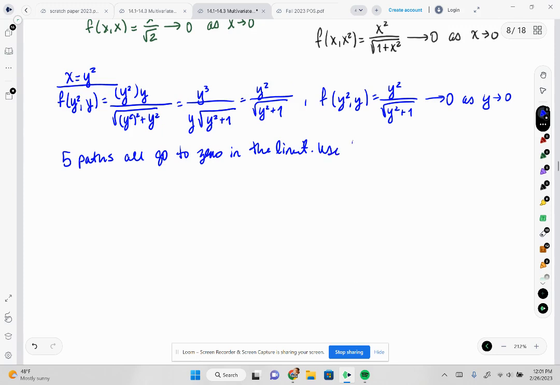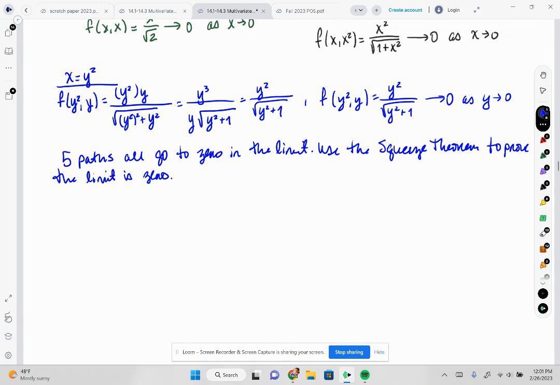So we have to use the squeeze theorem to prove this, or to prove the limit is 0. Okay, so we have to start out with something that's true, and typically we start with an inequality when we're using the squeeze theorem.